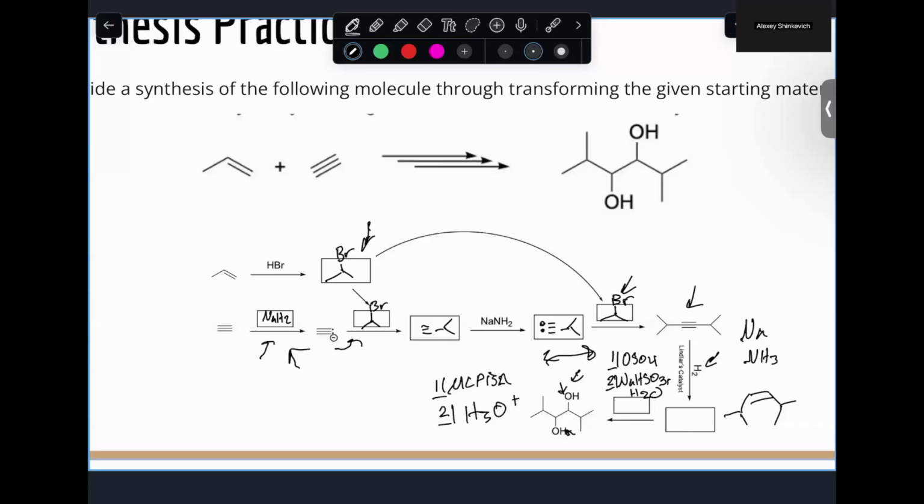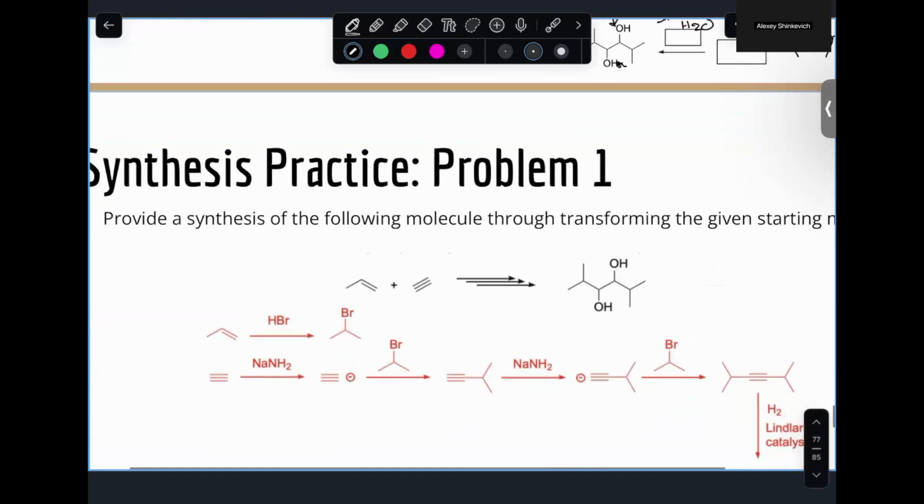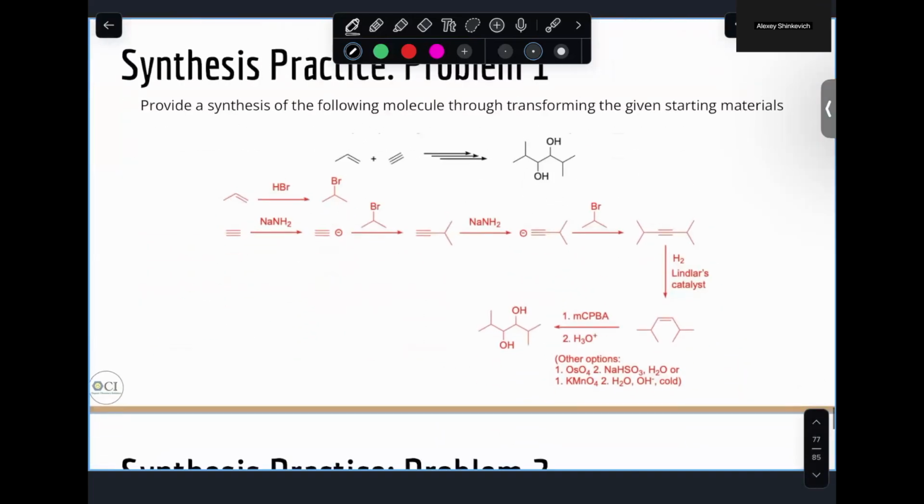But do we know the difference between mCPBA, H3O plus, and OsO4? Which one is syn? OsO4, yes. Which one's anti? Yeah, so that's the difference. And if there was specific stereochemistry, then it would matter whether you use Na/NH3 or H2 Lindlar's. It would give you different products. This is the key.